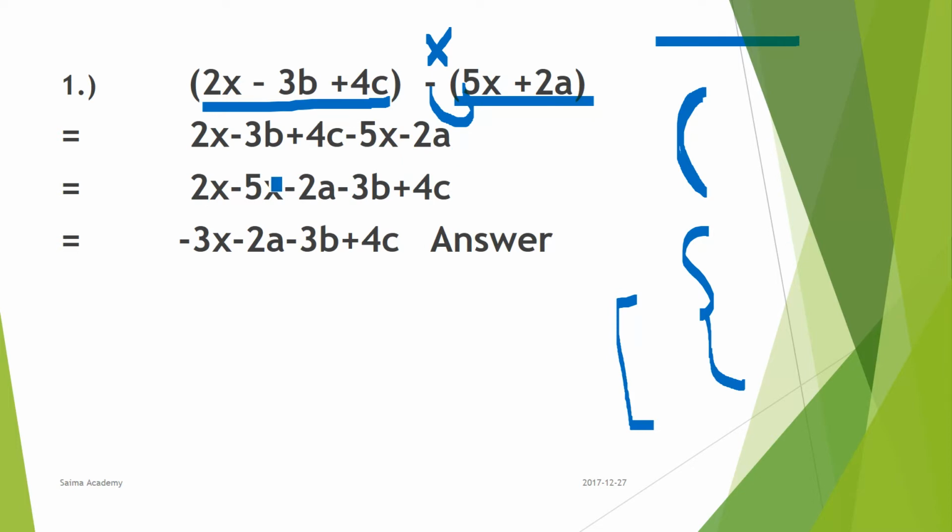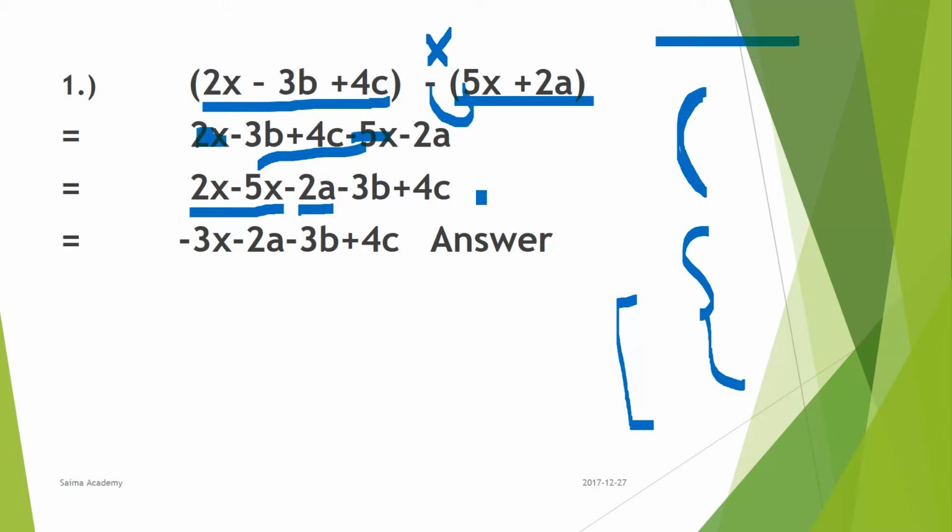Right, come to the next step. Here we will arrange and we will see whether we can simplify it or not. This is the 2x, 2x, and then we have the minus 5x as well here. So I will bring this minus 5x here. It is 2x minus 5x. Then minus 2a, this is minus 2a, and then minus 3b plus 4c.